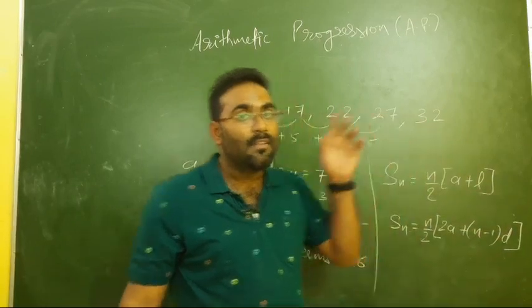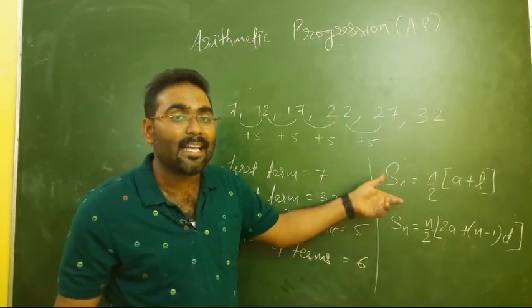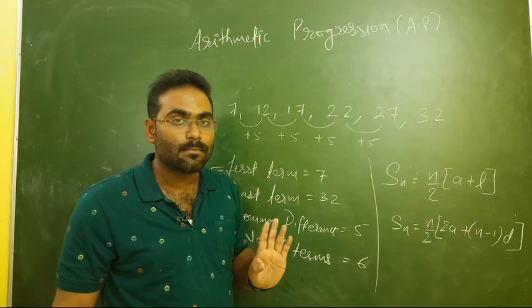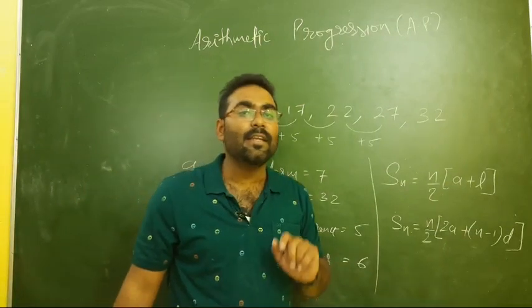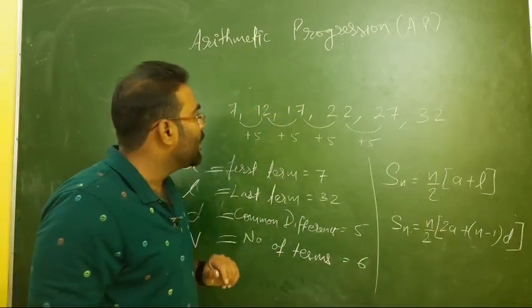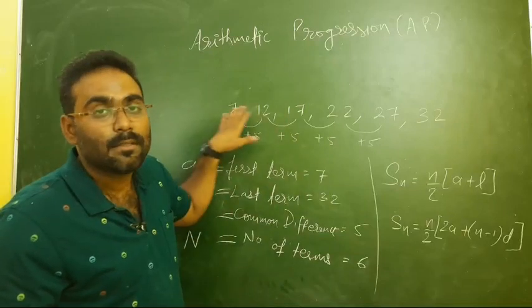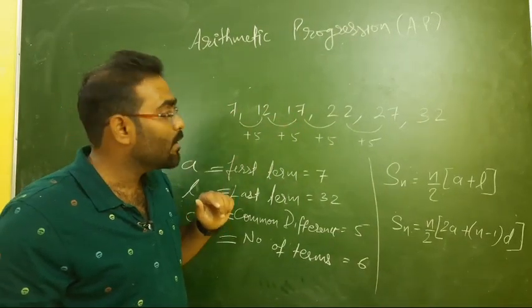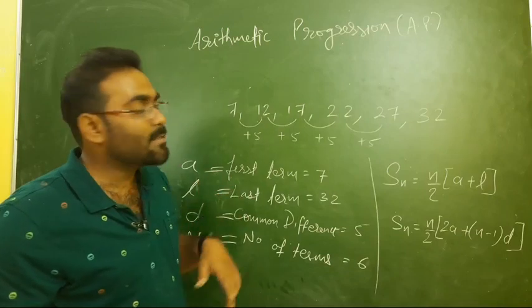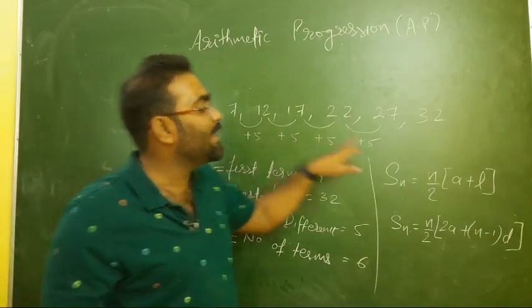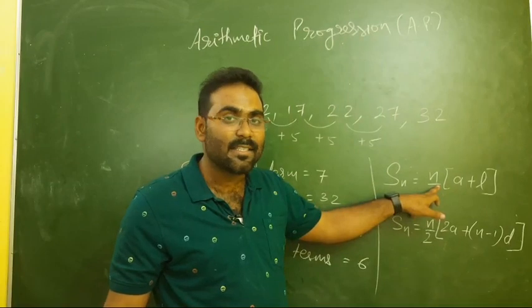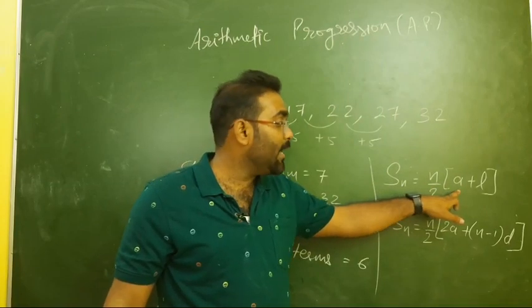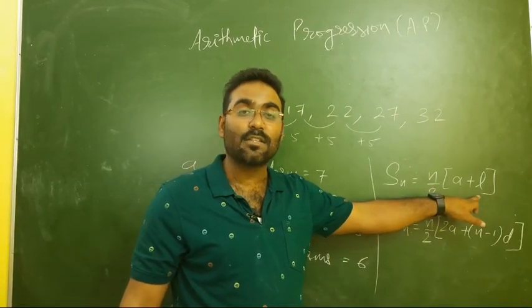We will use these two formulae as per our convenience. For example, if we have to find the sum of this particular series, which one is easier? You will say that, sir, we know that n is 6, a is 7 and l is 32.